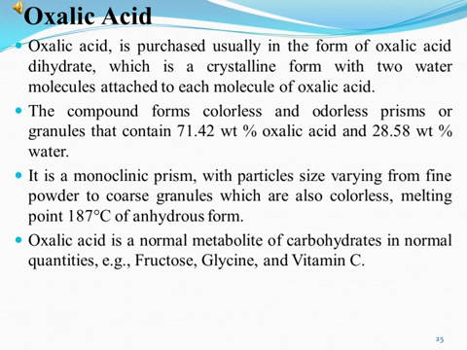It is a monoclinic prism with particle size varying from fine powder to coarse granules, which are also colorless. Melting point is 187 degrees Celsius for the anhydrous form. Oxalic acid is a normal metabolite of carbohydrates in normal quantities, for example fructose, glycine and vitamin C.